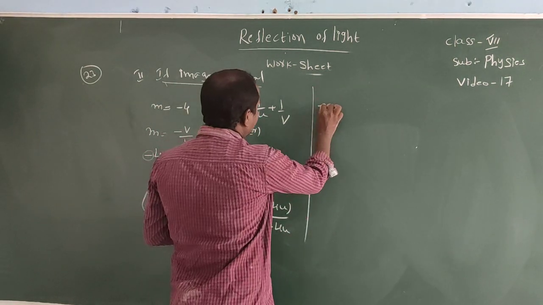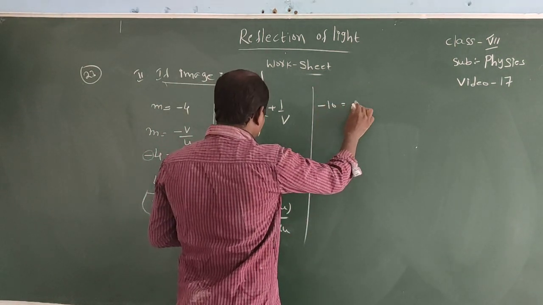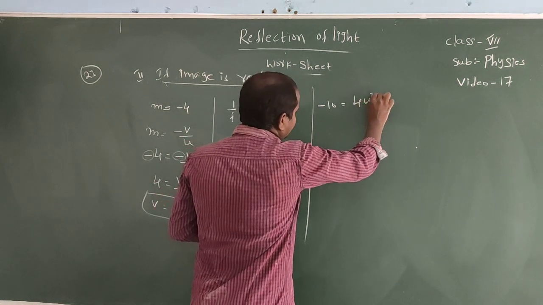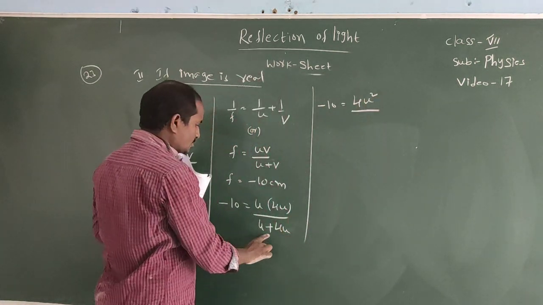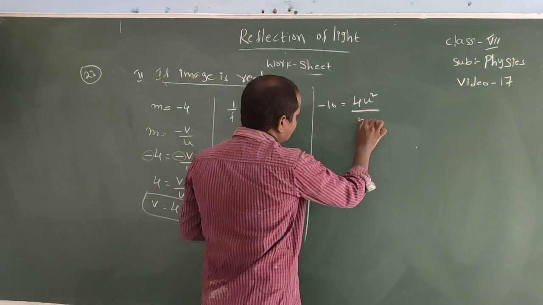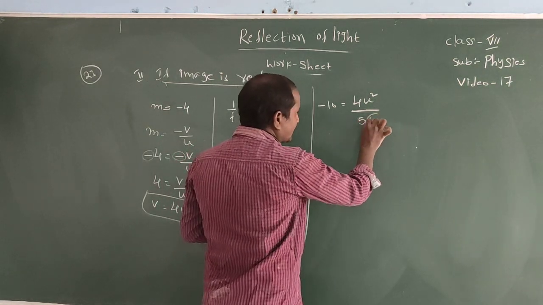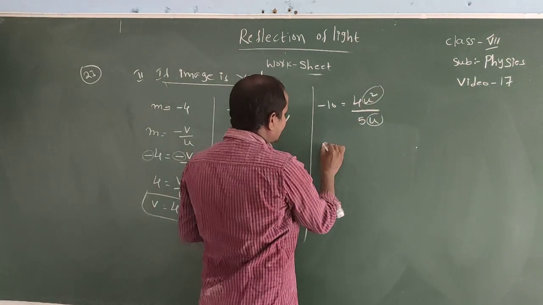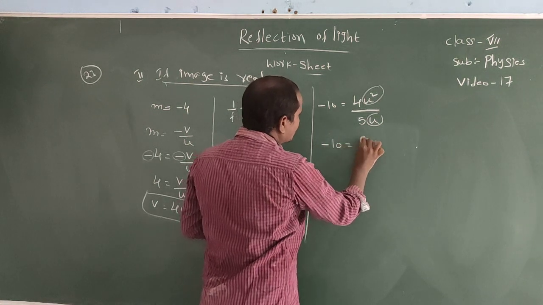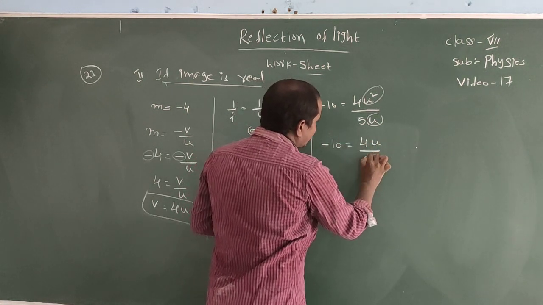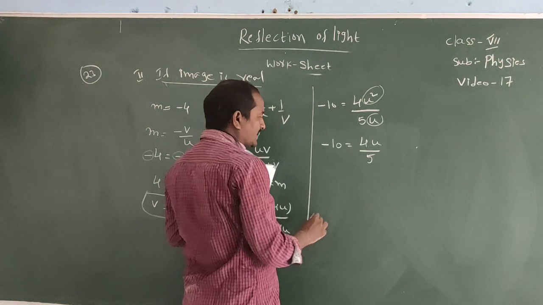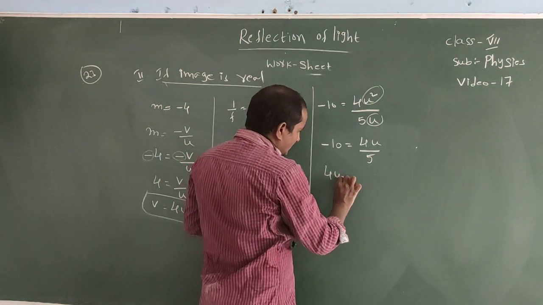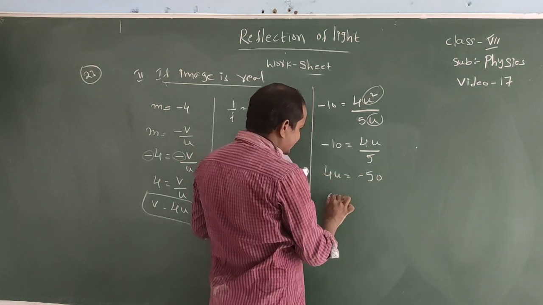Okay, so minus 10 equals 4u square by u plus 4u, that equals 5u. One u will cancel here. Minus 10 equals 4u by 5. Therefore 4u equals minus 50.